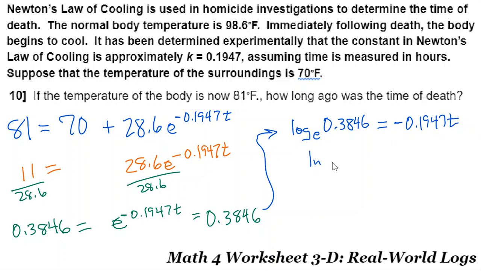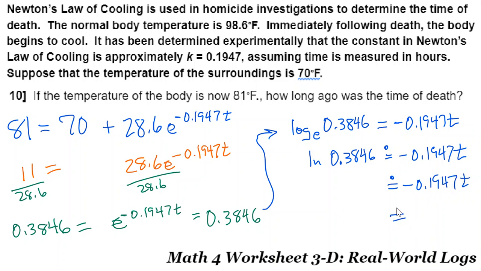And then we'll write this as natural log of this. And then we'll figure out what the natural log is of that number. And then we'll divide both sides by the decimal on the right.